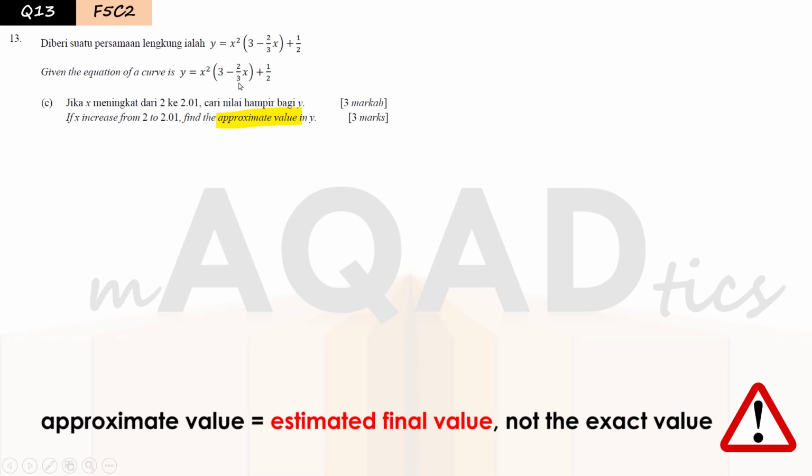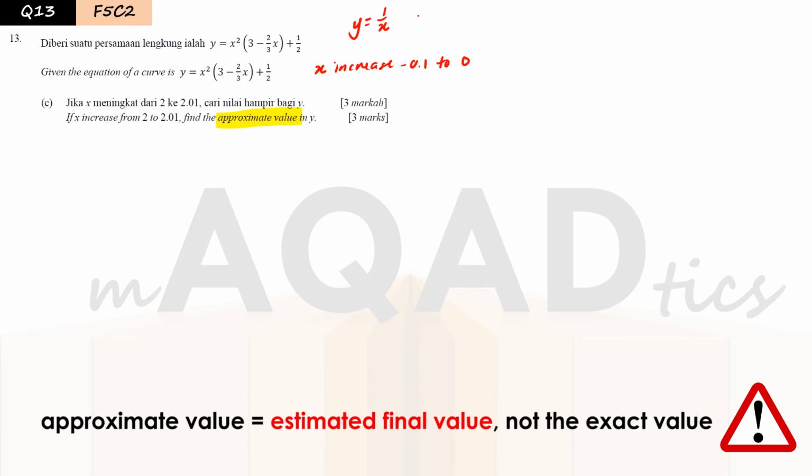Let me give you an example. Let's say we have another equation, y equals 1 over x, and the question says if x increases from negative 0.1 to 0. Let's say we use the same technique. Just now we said we straight substitute inside here, so let's say I also straight substitute 0 inside here.